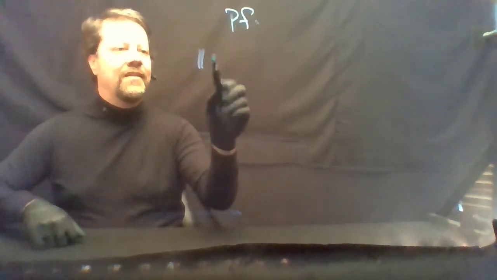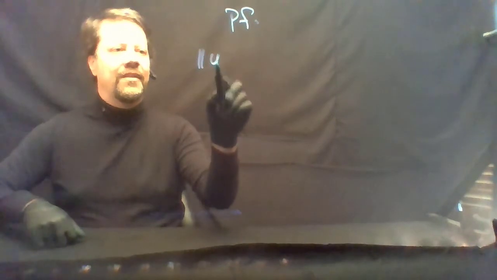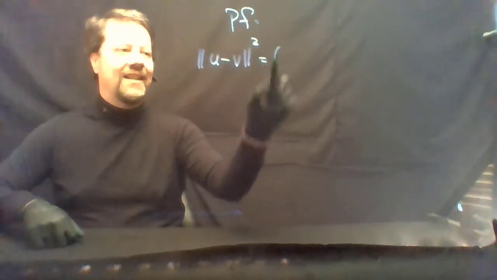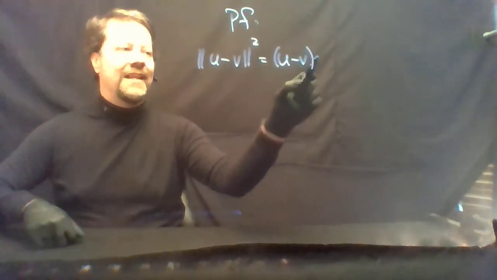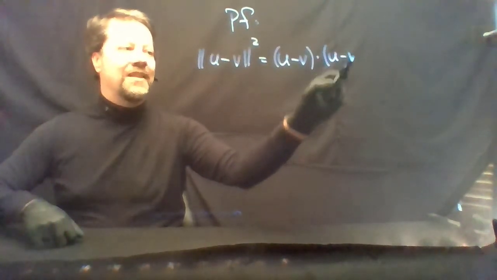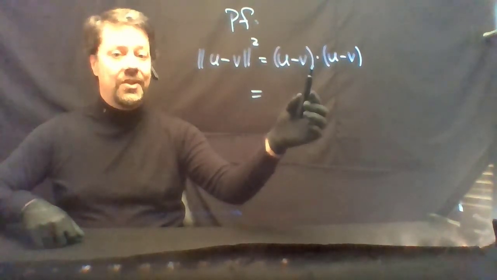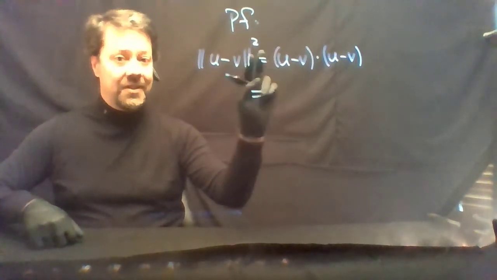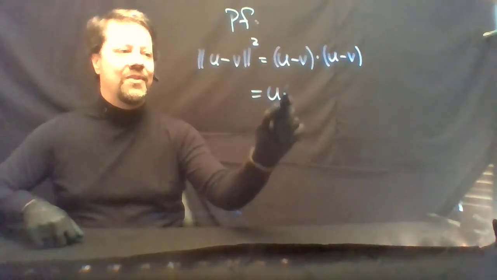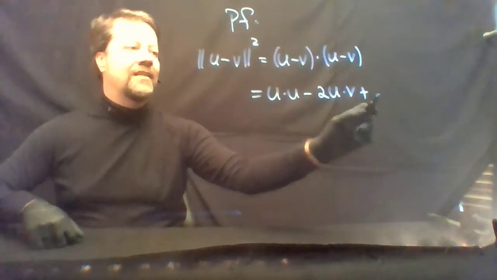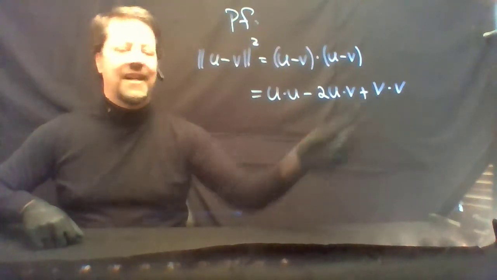To prove this, I want you to note that the norm of u minus v squared is u minus v dot u minus v. The dot product does distribute, and it is symmetric, so we can write this as u dot u minus twice u dot v plus v dot v.